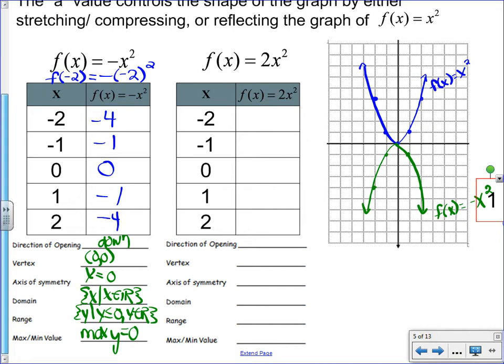The next one, Danny Ram. When I have x is negative 2, what does f at x equal here? 8. Nathan, what's f at negative 1?